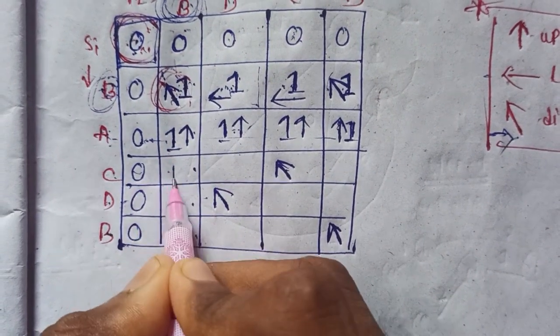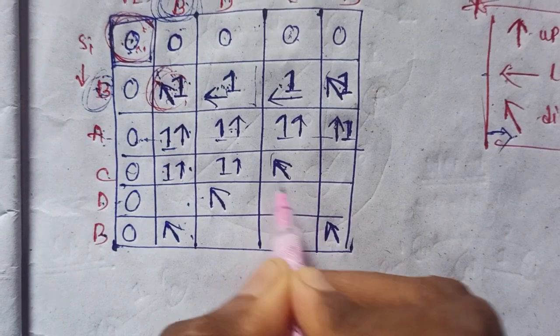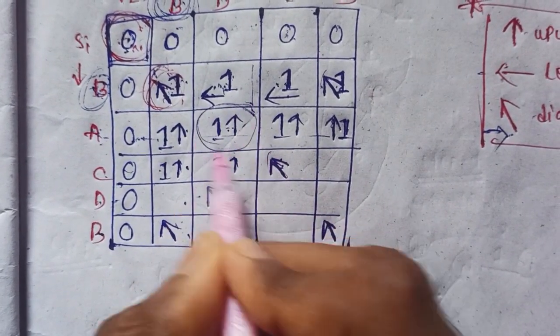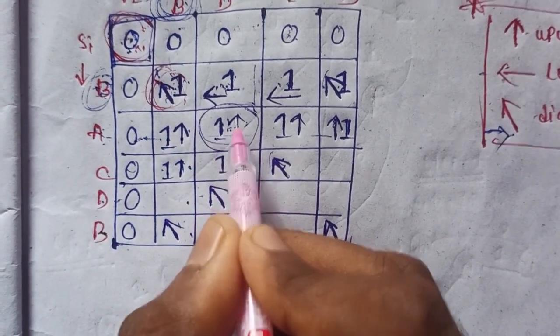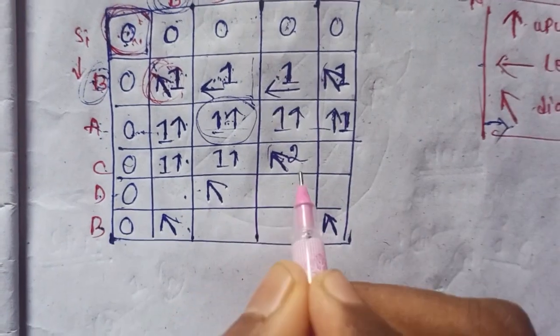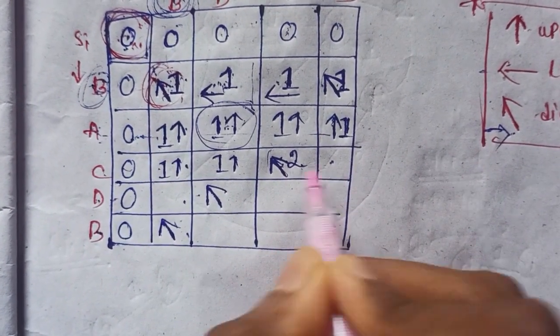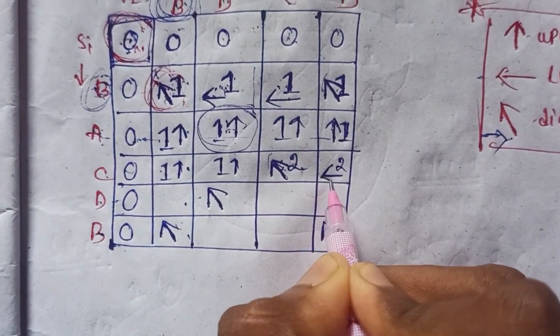Then next, here 1 upward, here 1 upward, here a diagonal comes, meaning its previous row and previous column cell, so we have to add 1 to this cell. So here 1 plus 1 is 2. Clear. Then come to the next cell. Here this is greater, so simply write 2 and the left arrow.